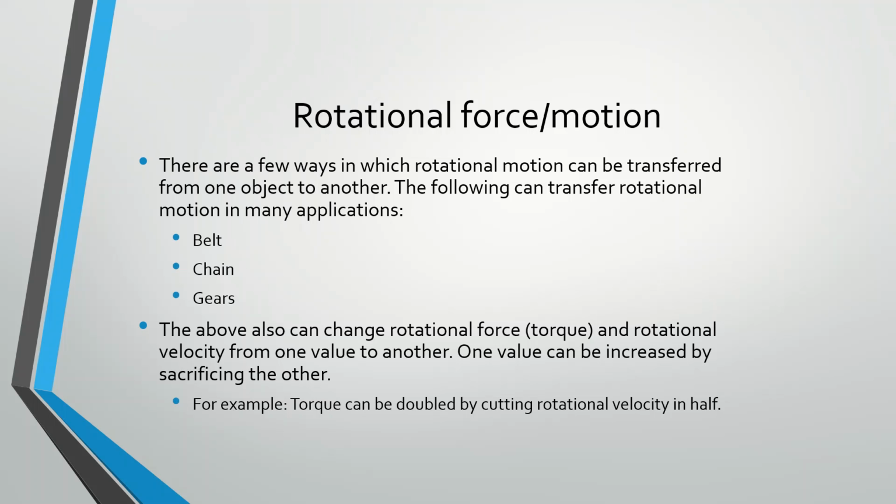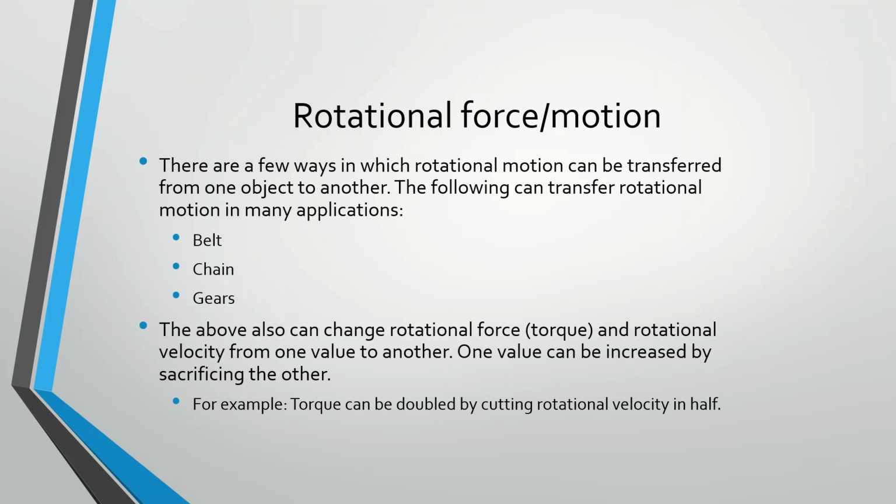These methods are somewhat unique in that they are able to change the torque and the rotational velocity, the angular velocity, from their input to their output. And that can have an advantage. For example, an engine on your car has a certain RPM that it can work at, somewhere between maybe 700 RPM and 6,000 RPM.